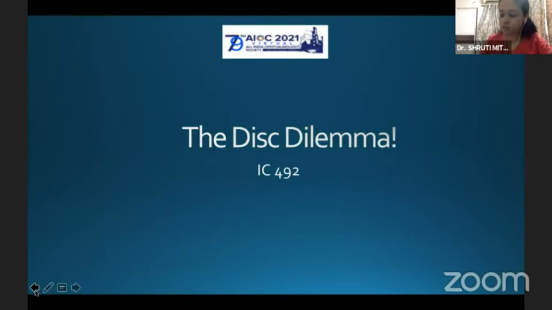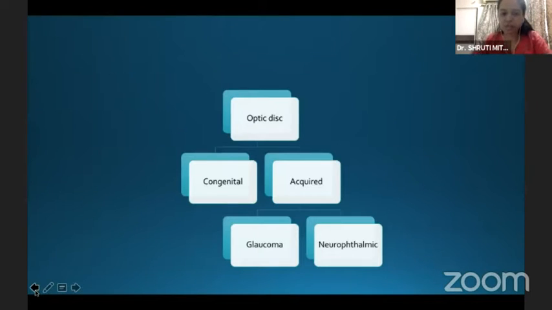To give you a gist of what to expect out of this IC, we all know that the optic disc morphology can be affected by various congenital and acquired conditions. One of the most common acquired conditions that we know of is glaucoma. Besides this, we also have a lot of neuro-ophthalmic conditions which may affect the optic disc morphology.